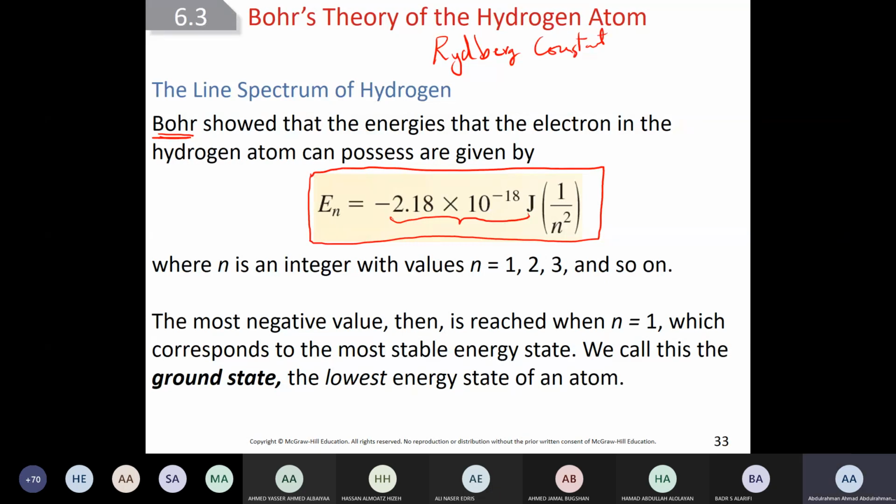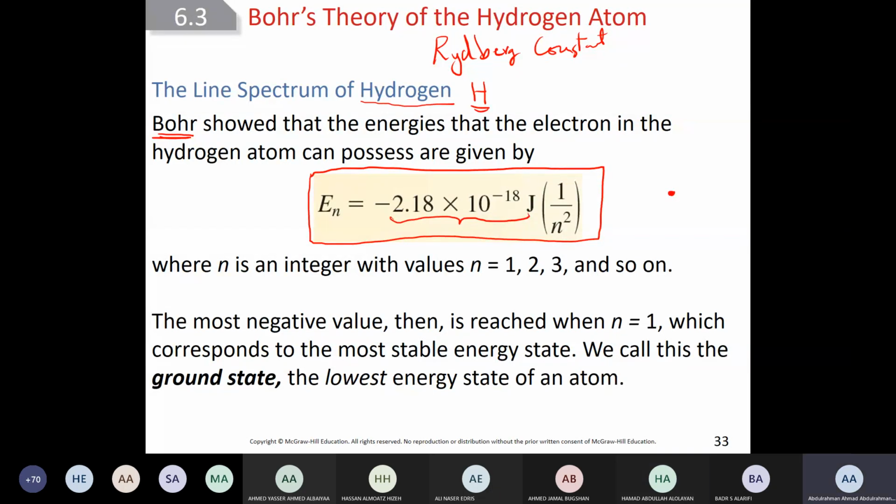And what does Bohr say? That this is the nucleus, and what's around it? Electrons. Which atom are we talking about? Hydrogen.